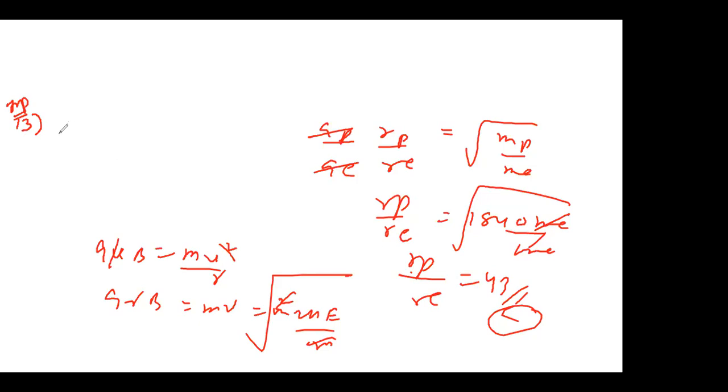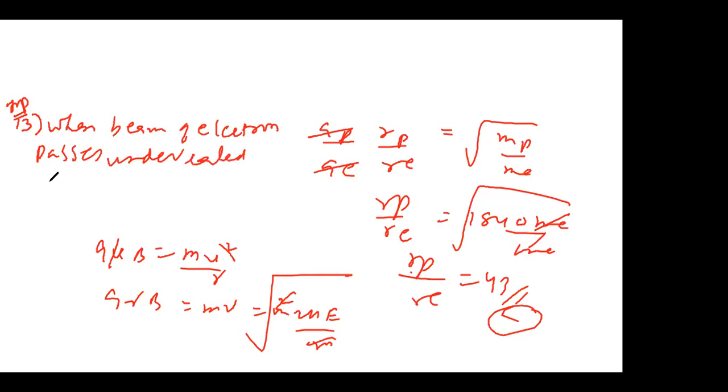Next is a beam of electron passes undeviated through electric and magnetic field. When a beam of electron passes undeviated, that means electric force is balanced by magnetic force. So electric force is eE and magnetic force is evB, both are balanced.